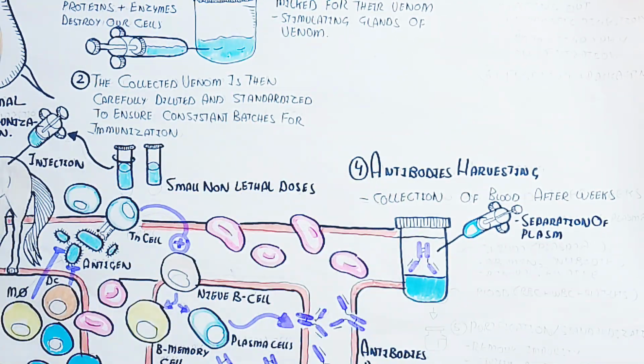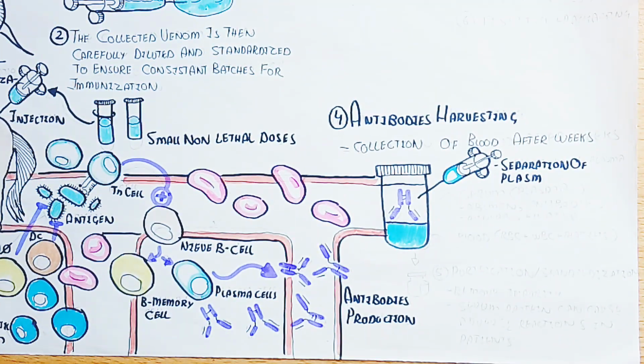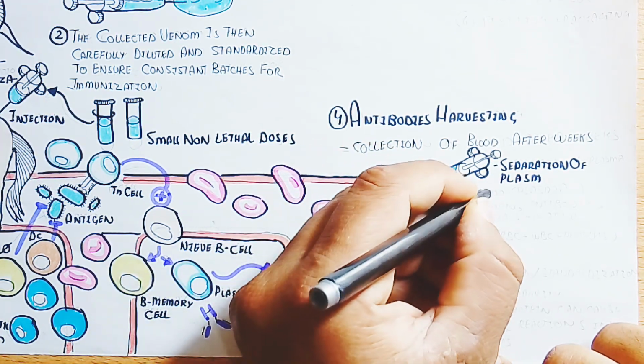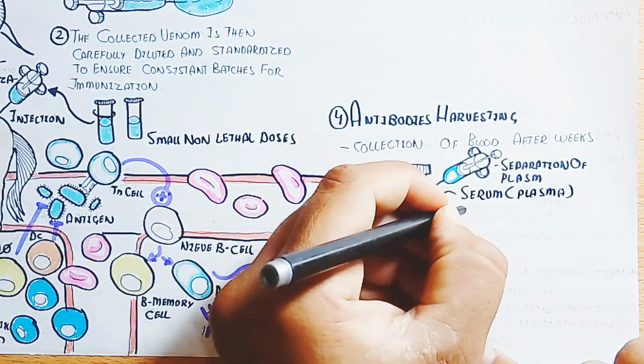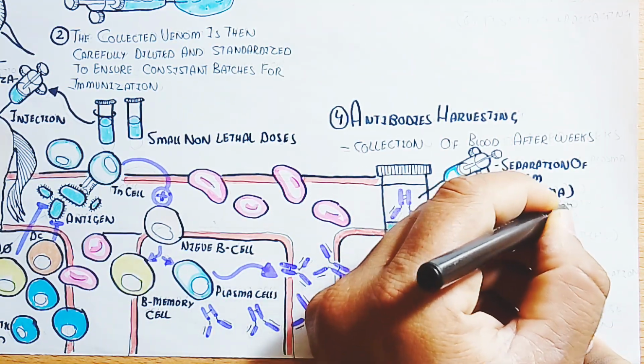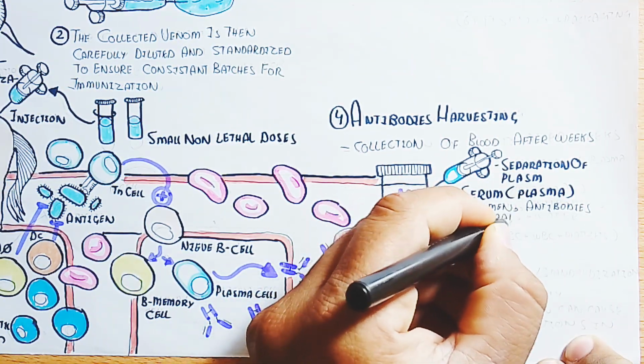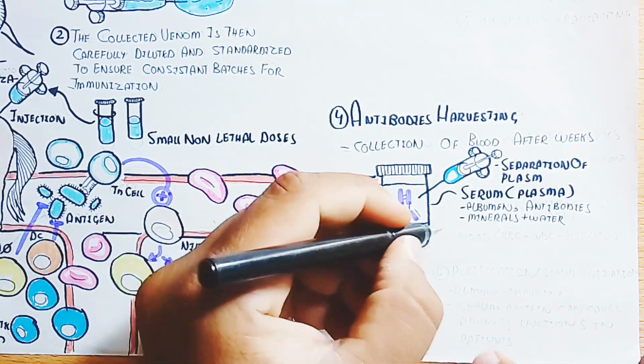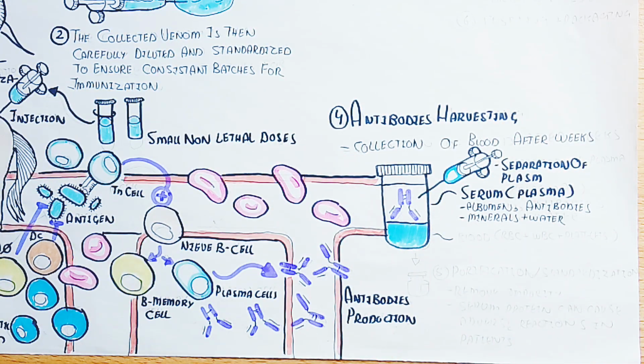Through centrifugation or another process, the serum is separated, while the RBC, WBC and platelets are separated and remain at the bottom of the sample.